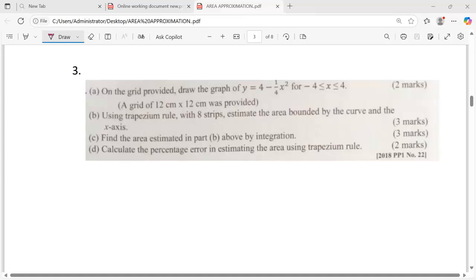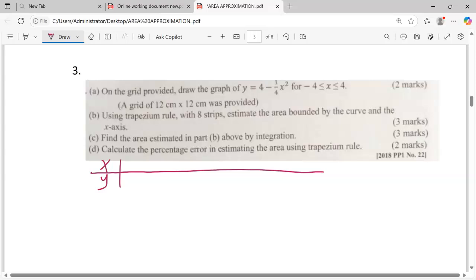We are going to start by drawing the table because you cannot draw the graph without a table. Here we are going to create a table having the values of x and y. We have been given the range of the values of x from -4 all the way to +4.